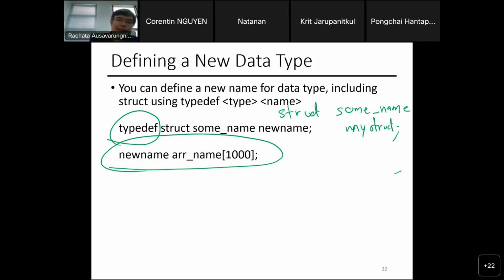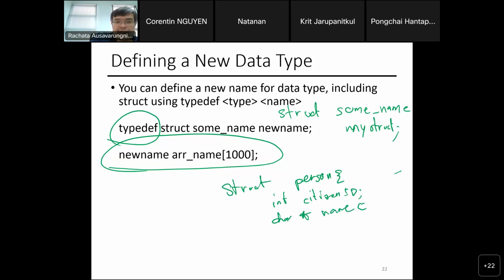You can do that too. So for example, struct person, and do int citizen ID, char star name, because we are Thai, our names are long, so let's do 100 characters.